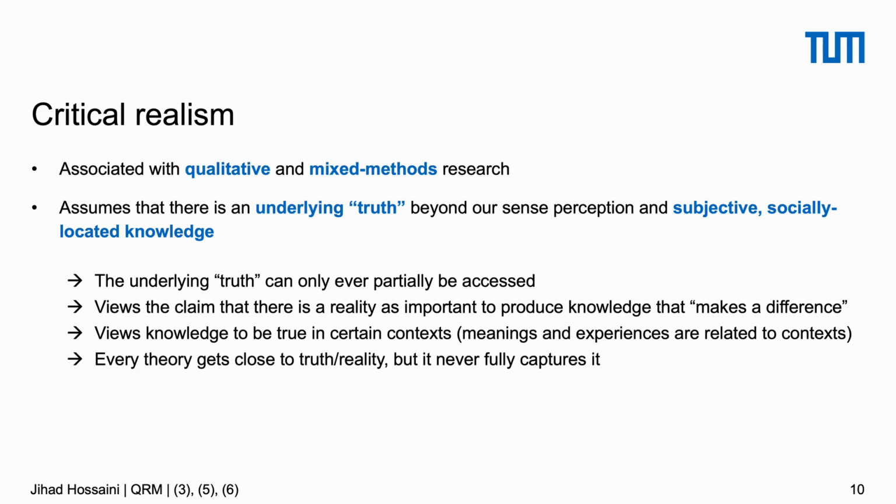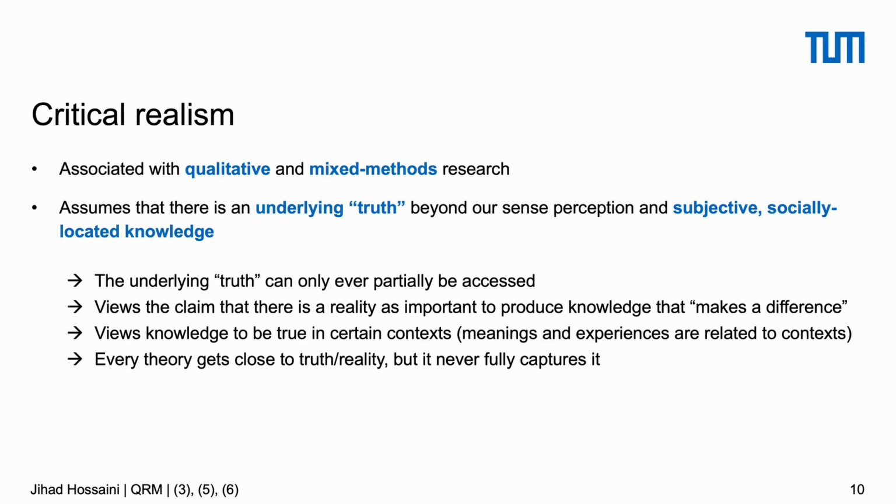By the way, all of these positions are associated with all kinds of research, except maybe some certain type of very relativist constructionist positions. But in critical realism, our ontology, our idea about truth is there is one truth, but our epistemology, our idea about knowledge is that we can never completely know this one truth.